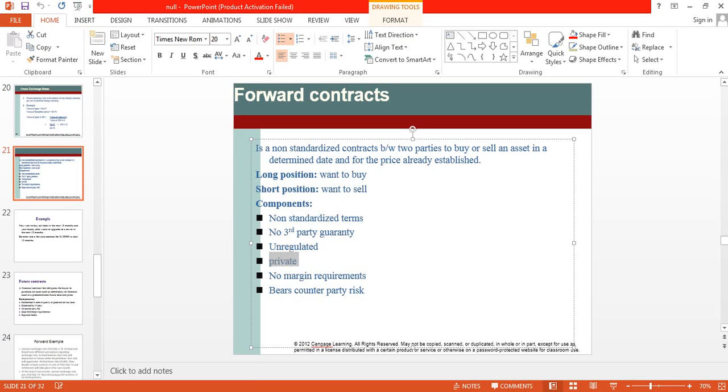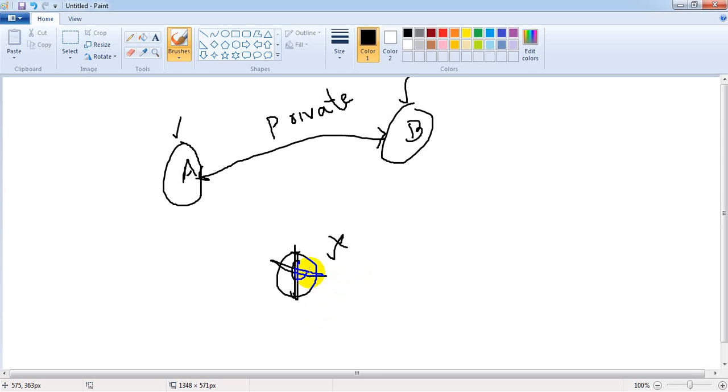The next thing is that there are no margin requirements. What is a margin requirement? Basically, in the next contract that we will study, that is the future contract, to remove the difficulties of forward contracts, they include a third party.